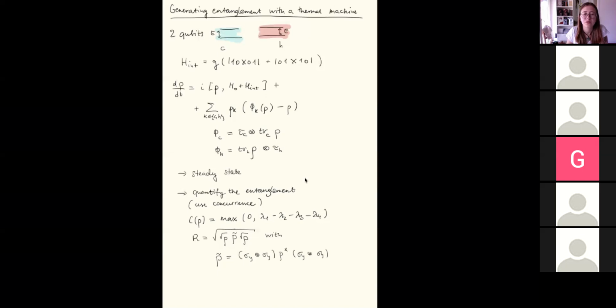And you need to quantify it for the steady state that is already given to you. And also find the concrete values of this concurrence for concrete values of the temperatures of the hot bath and the cold bath.